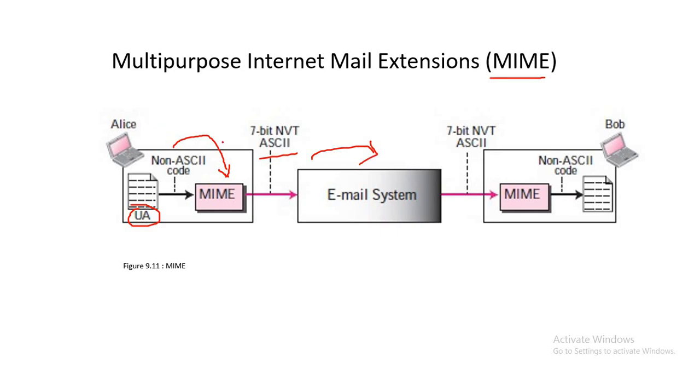These are the pushing process: on the sending side there is a conversion from non-ASCII to ASCII, and during the transfer 7-bit NVT ASCII code is used. This code is transferred over the channel. Same thing, this 7-bit NVT ASCII code is received by the receiver's server, and again that ASCII code needs to be converted to non-ASCII for the user. So MIME is used for conversion of non-ASCII to ASCII and ASCII to non-ASCII.